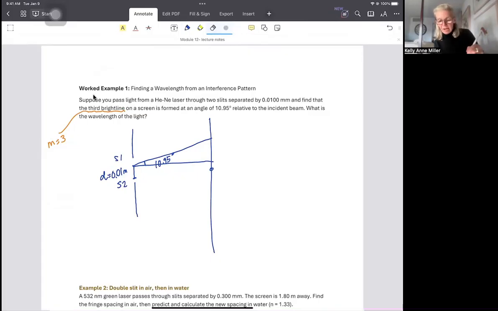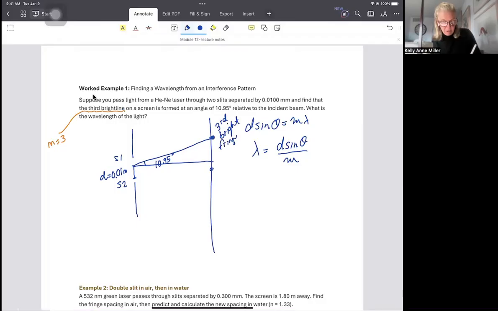I know this is a bright fringe, so the relationship that governs it is d sine theta equals m lambda. I'm trying to find the wavelength, so I'm going to solve for lambda. Lambda equals d sine theta divided by m, where m equals 3 because it's the third bright fringe.